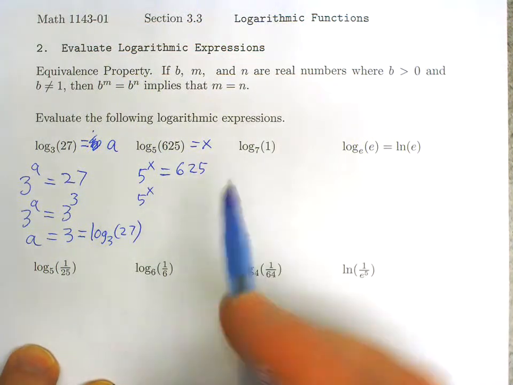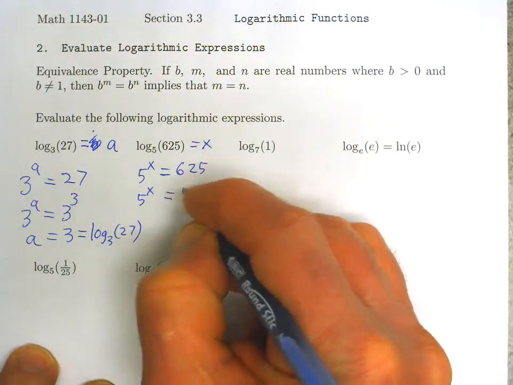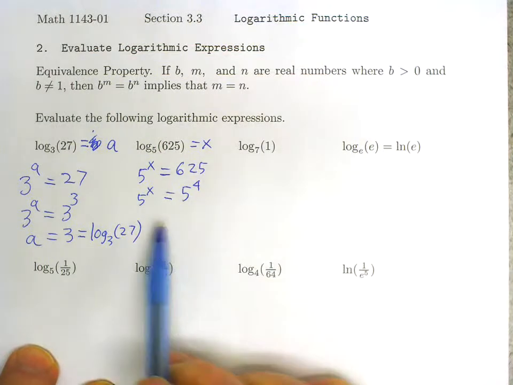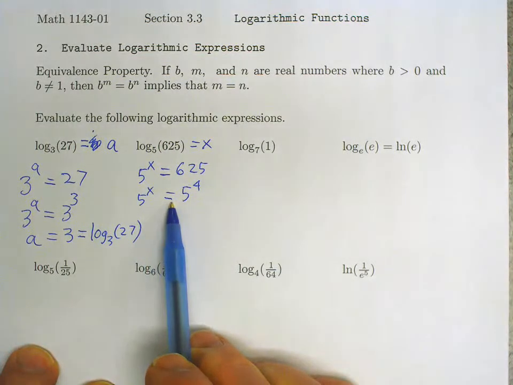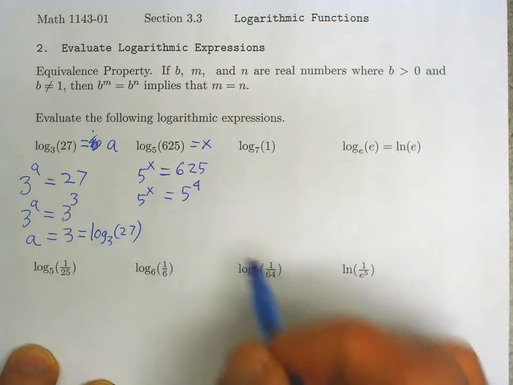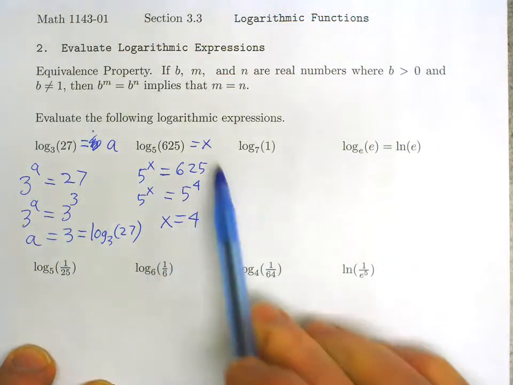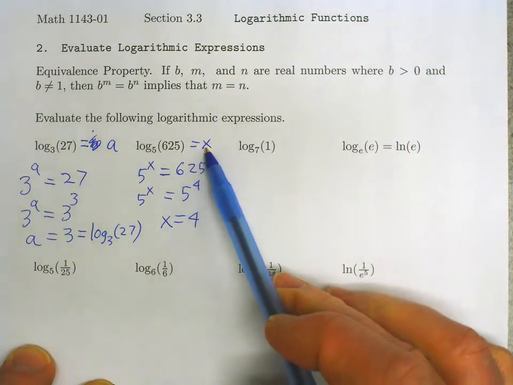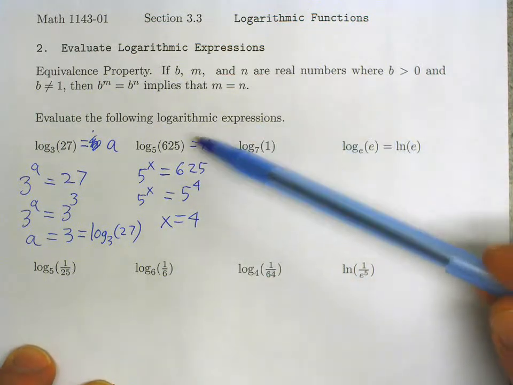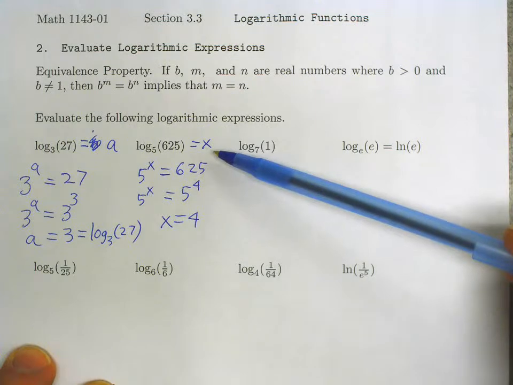But 625 is just 5 to the 4th. And so if 5 to the x equals 5 to the 4th, then the exponents are equal. X equals 4. And x is exactly the number that we were trying to find. So in other words, log base 5 of 625 equals 4.